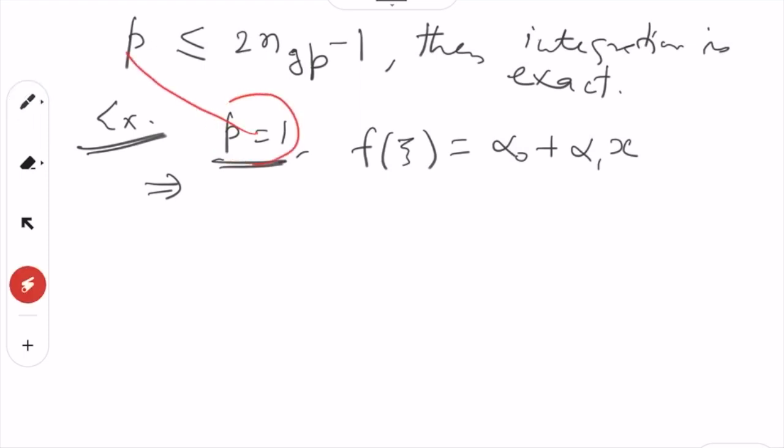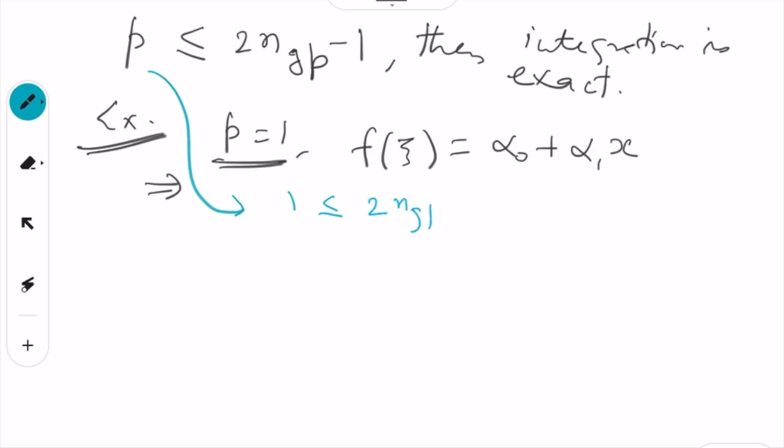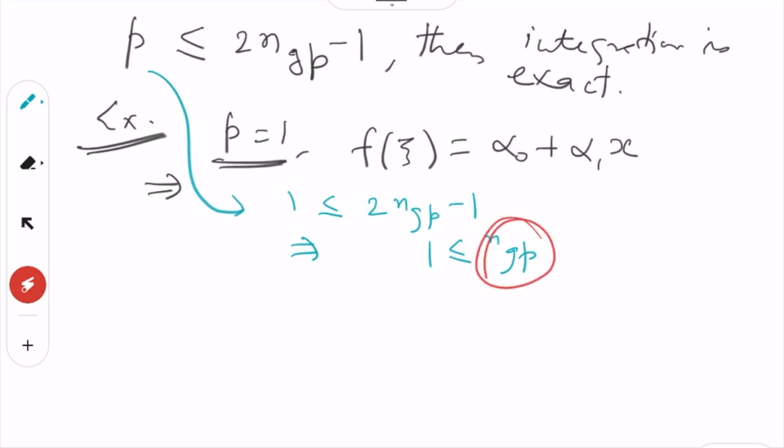From this formula, 1 is less than or equal to 2 NGP minus 1, or simply NGP should be greater than or equal to 1, right. As long as NGP is at least 1, it is fine. Means NGP equal to 1 is also fine.